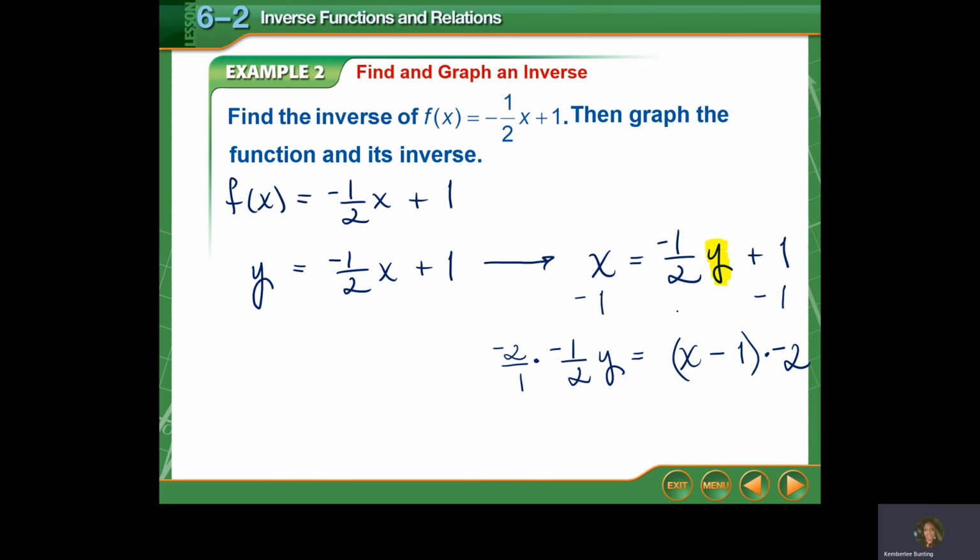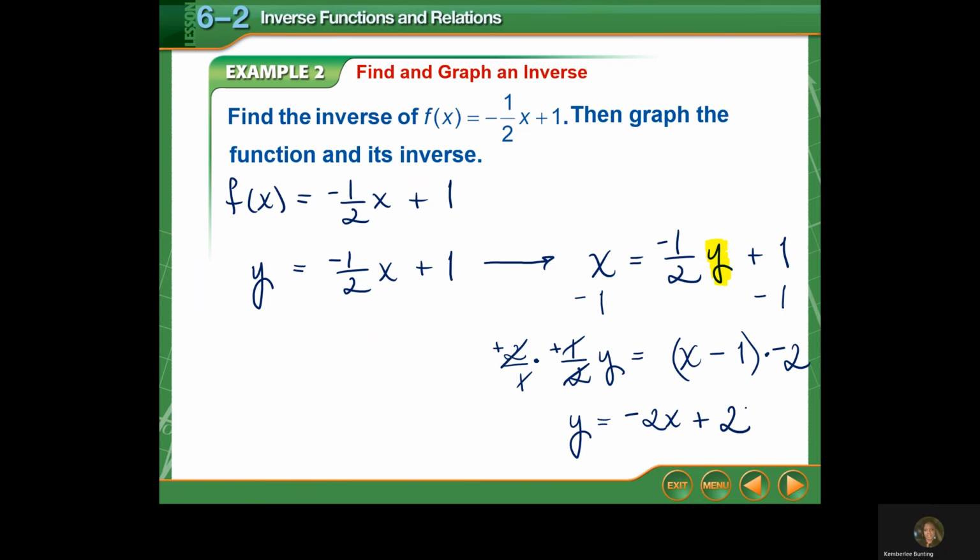Now over on the left, negative times a negative is a positive. And these 2's cancel out and these 1's cancel out. And then finally, Y is equal to what? Let's distribute the negative 2. Negative 2 times X will give me negative 2X. Negative 2 times negative 1 will give me a positive 2.